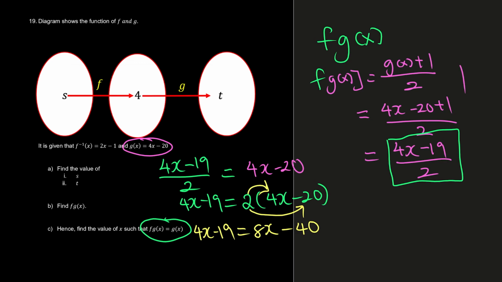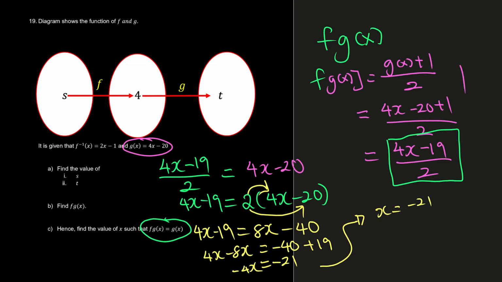Usually we put the alphabet on the left-hand side, 4x minus 8x, and the numbers go to the right-hand side. Minus goes there, becomes plus. So we have negative 21 equals negative 4x. When it's a times, you go to the other side, become divide. So x is equal to negative 21 divided by negative 4. By using a calculator, the simplest form will be 21 over 4.